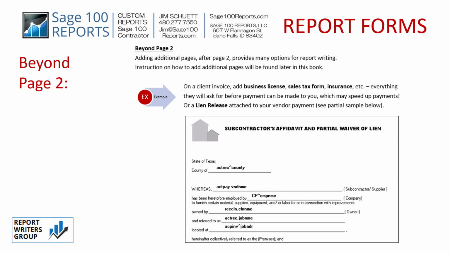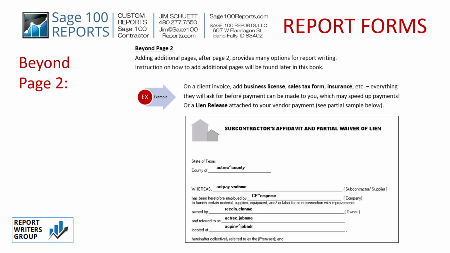In this example, subcontractor's affidavit and partial waiver. So basically a lien waiver. If this is an AP invoice going out and you have the waiver attached automatically and it fills in automatically, then that saves you some steps and speeds up your payments from the vendors.